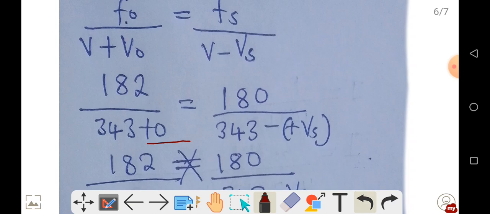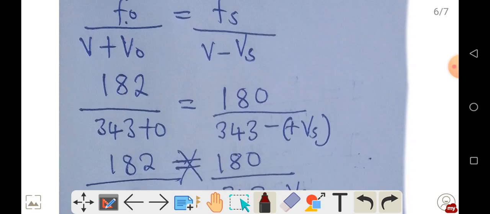Then this observer is stationary, so the speed is 0. The speed of sound in air is 343. The speed of the observer is 0 because the observer is stationary. Same here.